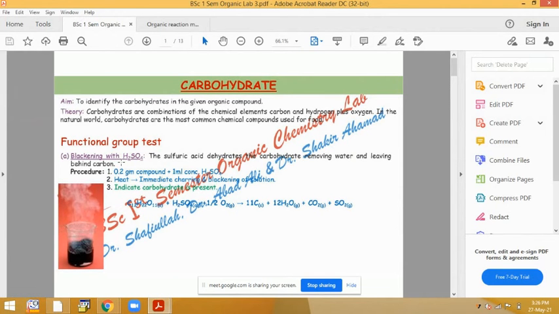Now for the functional group test, they are soluble in water. Glucose or fructose is a white color powder type solid. The physical state is white color powder, and they are soluble in water, and they show the char when you do the flame test.